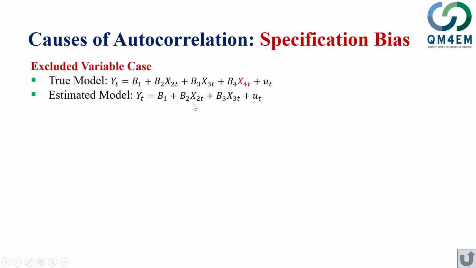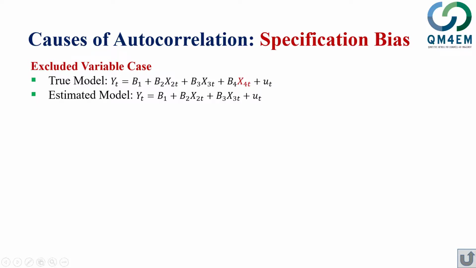When we say that whatever variation in y happens, that happens because of these x2 and x3 variables, and all other influence is included in the error term. Now there was another important variable x4 which we excluded from the estimated model.